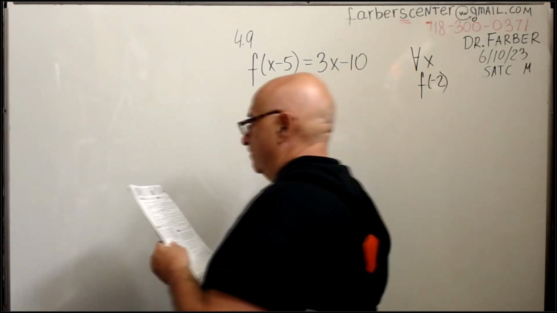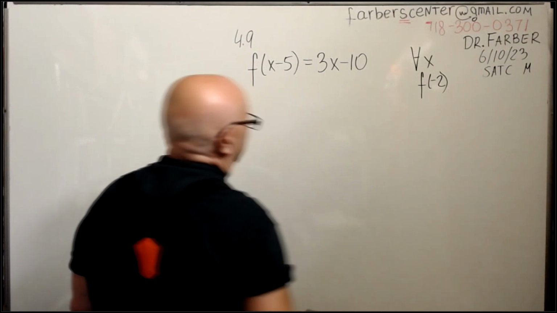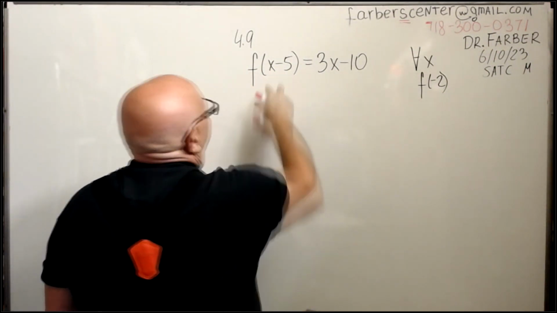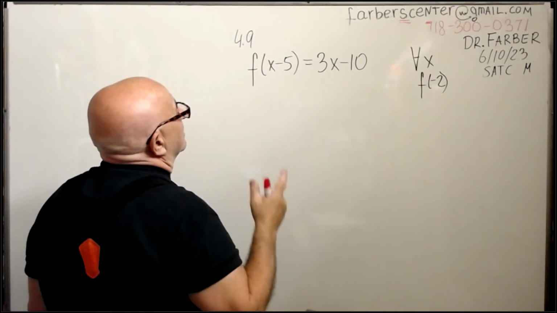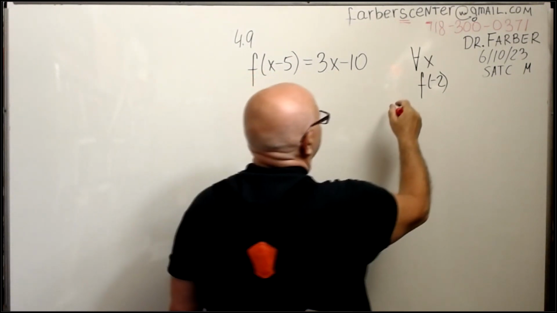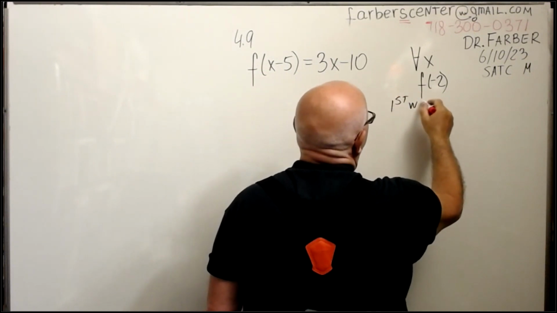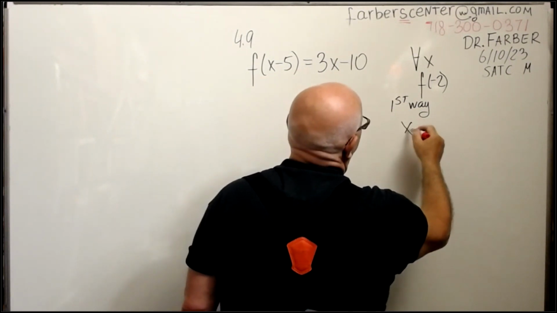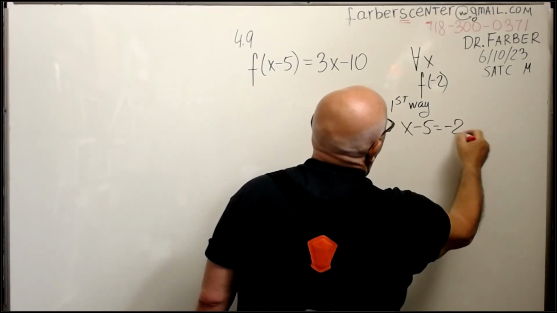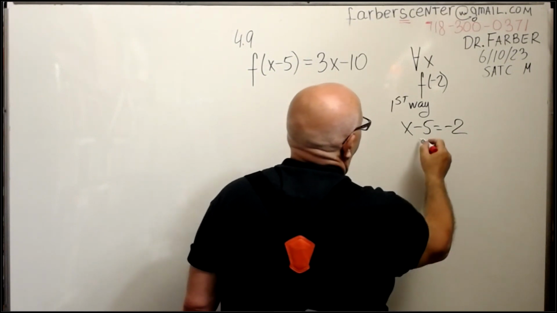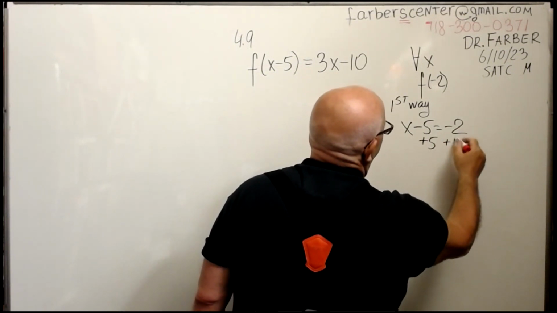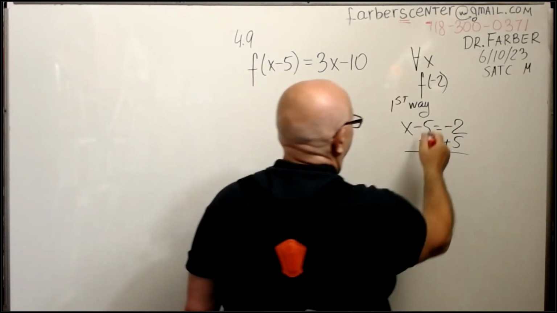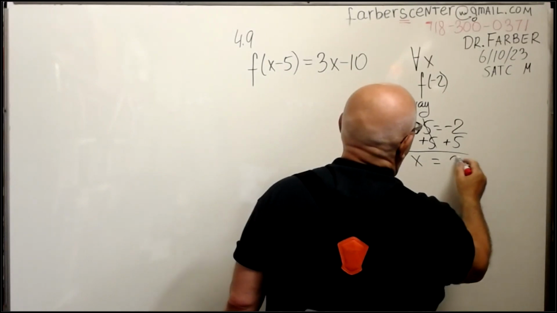Okay. So the first way, you cannot plug in here negative 2 because here we have a binomial. But the first way, let's say x minus 5 equals negative 2. Plus 5 and plus 5. Why? Because you need to plug in here negative 2. Cancel out. x equals 3.